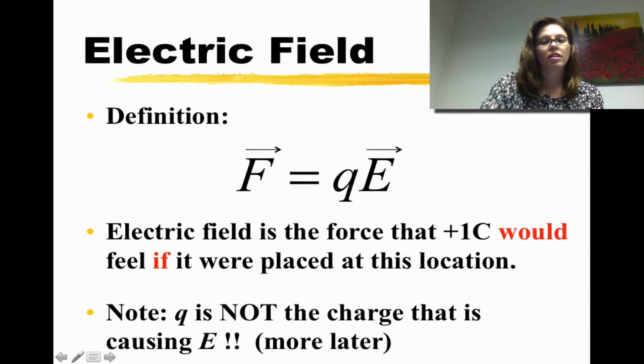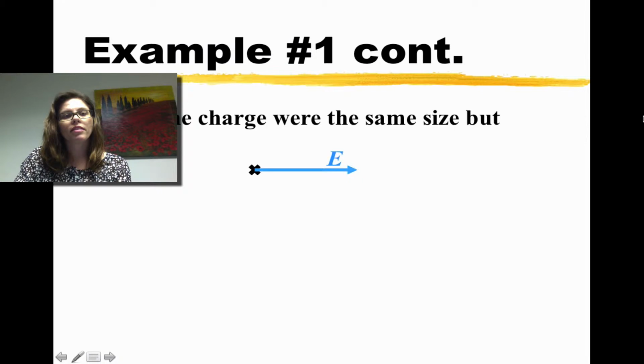All right, so let's get some more on this. So what if the charge, going off the previous example, were the same but negative? We're going to put a negative charge at this point right here where we know the electric field. We know it has some definite magnitude and direction, and we have a negative charge.